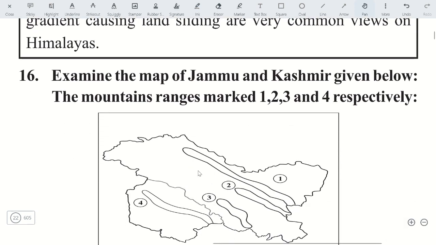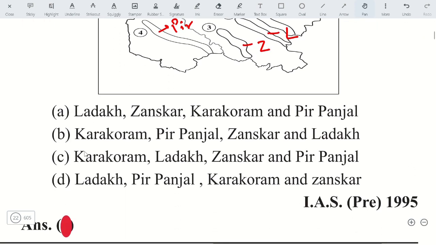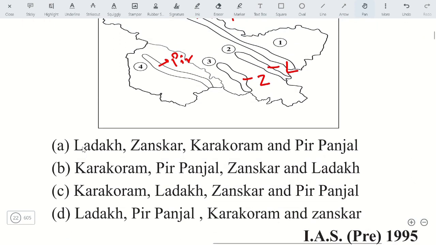Next question is, examine the map of Jammu and Kashmir given below. The mountain ranges marked 1, 2, 3 and 4 respectively. See, this is Karakoram. This is Ladakh. This one is Zaskar and this one is Pir Panjal. We have to give the sequence: Karakoram, Ladakh, Zaskar and Pir Panjal.